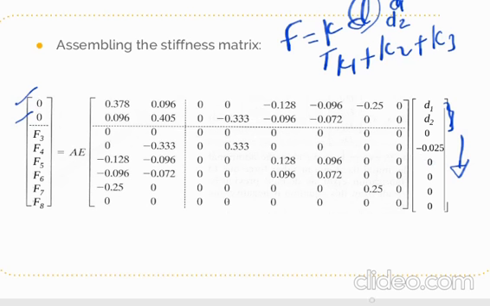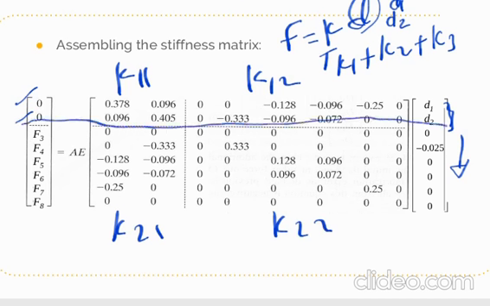And the other joints are already 0 because they are fixed. We don't have any force applied to make them change a little bit. And this is K11, K12, K21, and K22. So here, same way, divide the matrix into two parts to find D1 and D2.